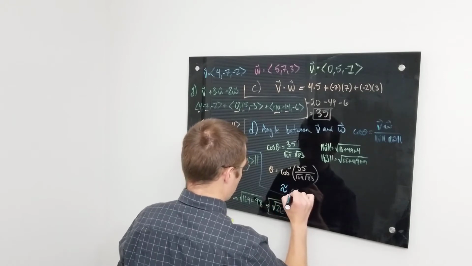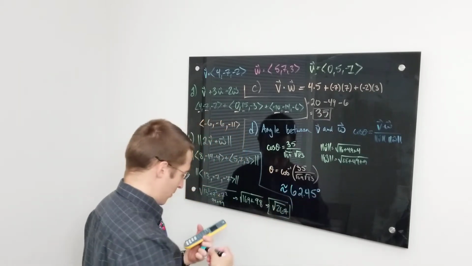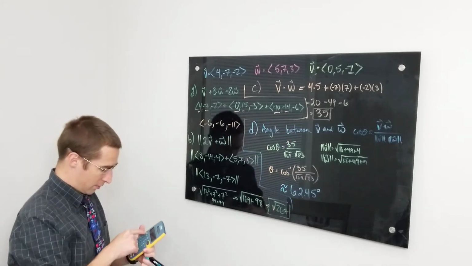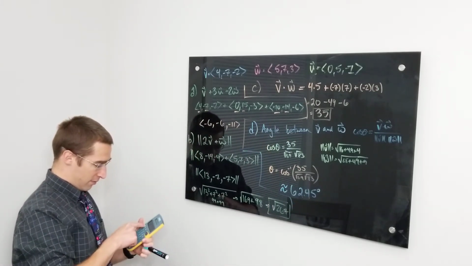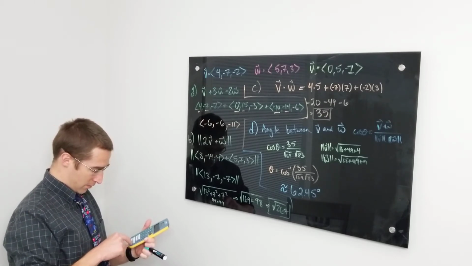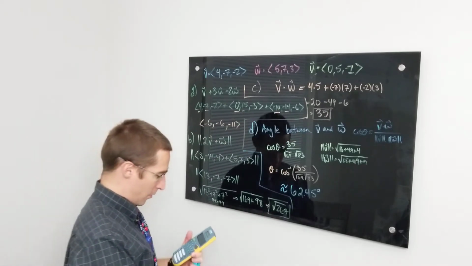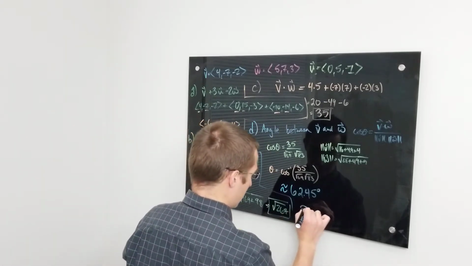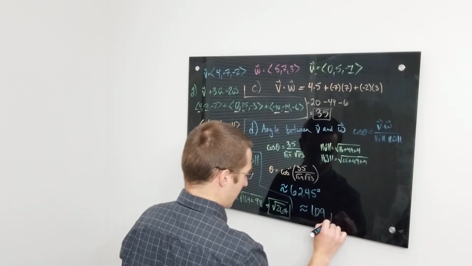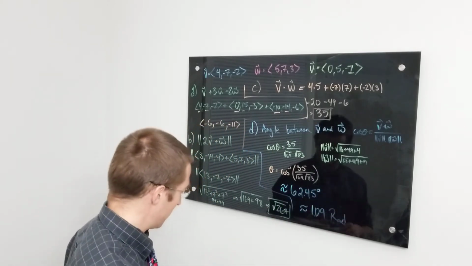So it's about 62.45 degrees. If you were in radian mode, which is fine, let's just see. There it is. It's about 1.09 radians. You could have multiplied that by pi and divided by 180 if you want to.